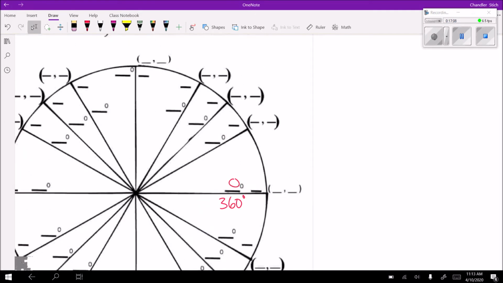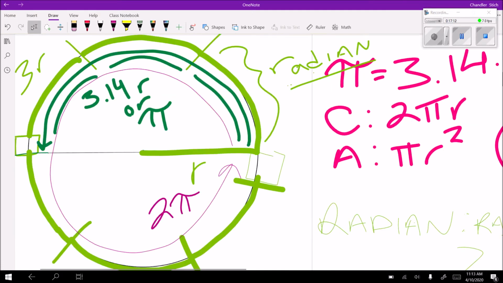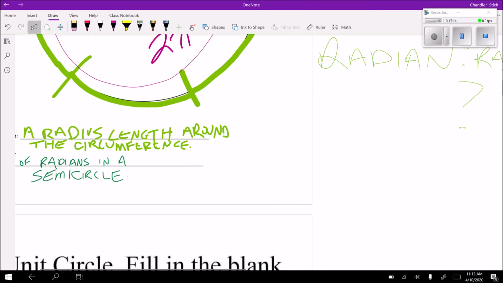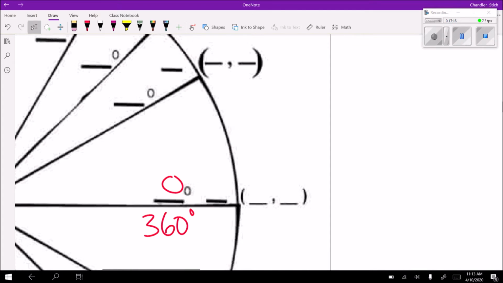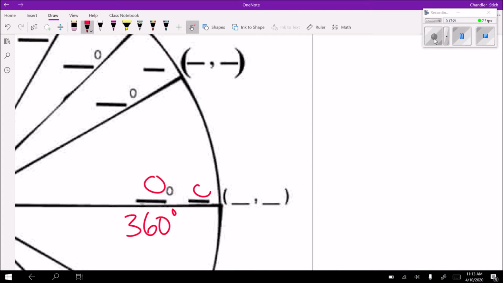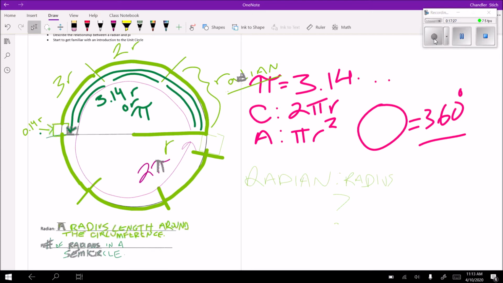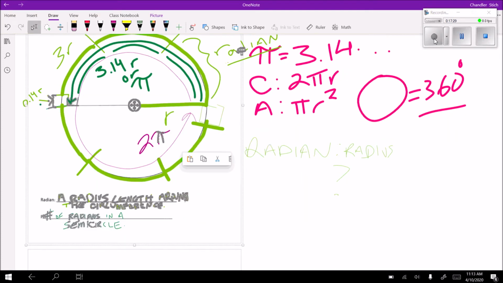All right. At 0 degrees, how many radians do I have? Well, there's 0. Right? There's 0 radians at 0 degrees. Or we said, on the way back, if I went the full way, so this purple, how many did I get? I got 2 pi.